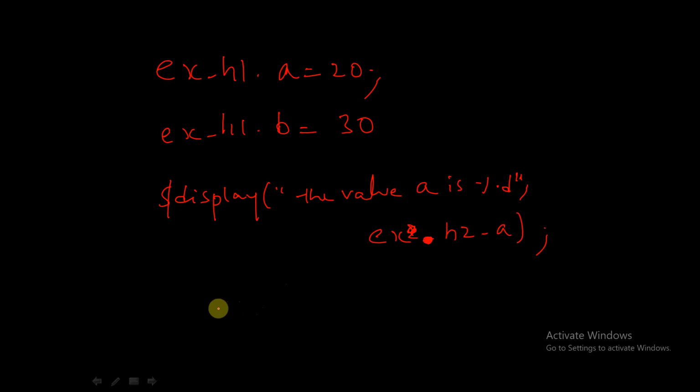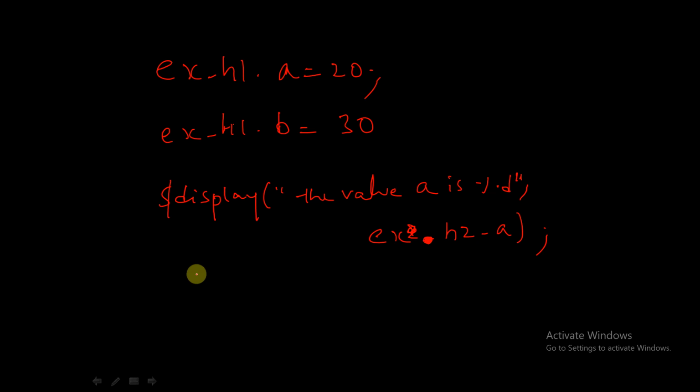Can you repeat your answer once again? Your voice was breaking. I think some garbage value will print because after creating an object for handle h2, we haven't assigned any value to variable a. Okay.